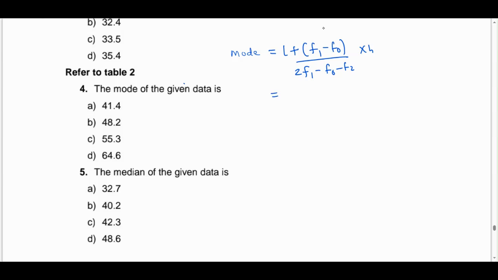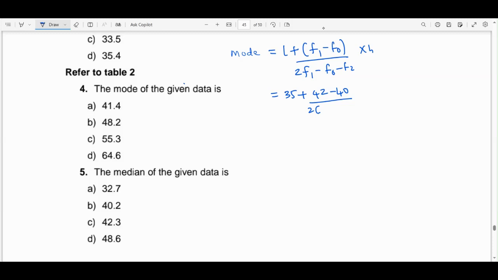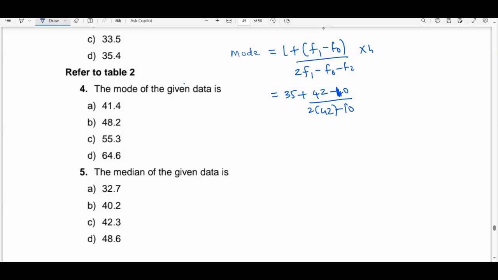So we know the values. L is 35 plus 42 minus 10 divided by 2 into 42 minus F0 is 10. It is 10, not 40, 10. Minus 24, and H is 10.